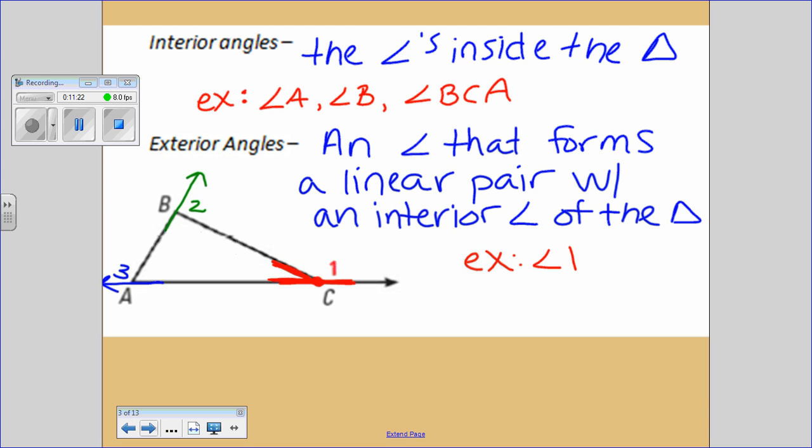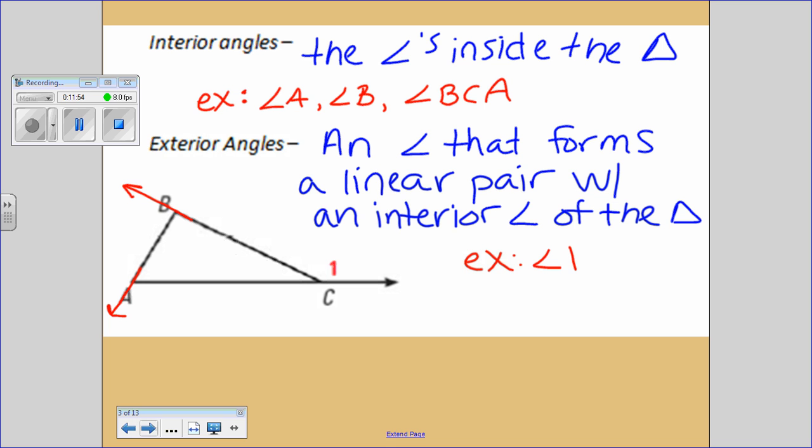You can go clockwise, right? So that's angle 3, 2, and 1. Or I can draw my exterior angles the other direction. So what if I drew an exterior angle this way for angle B and this way for angle A?